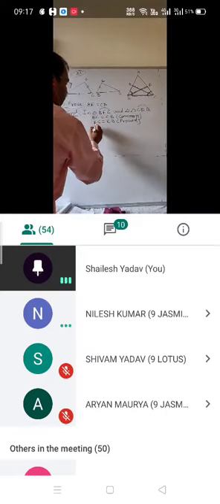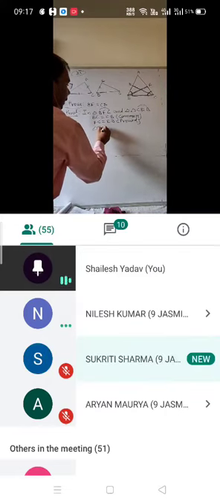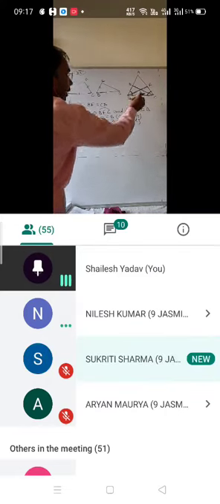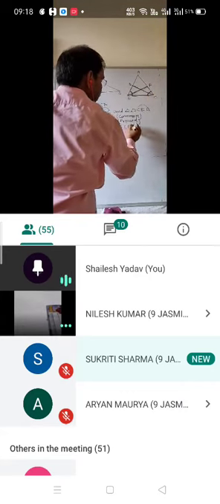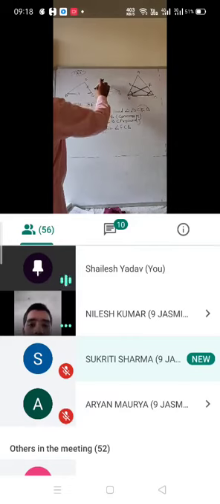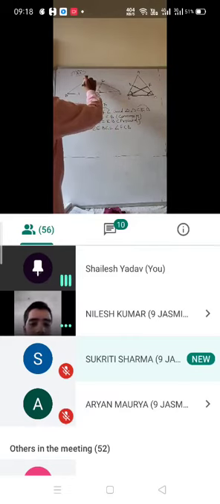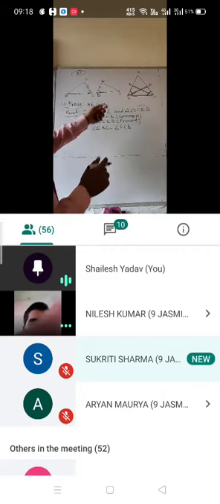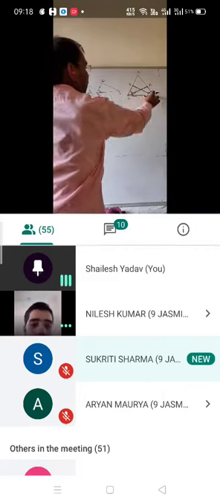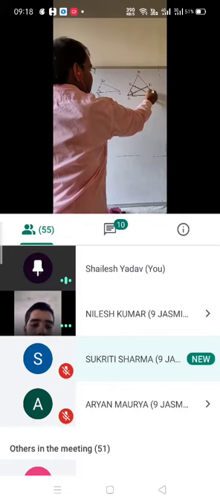So here you can write angle EBC equals angle FCB. Why are these two equal? By the property of the isosceles triangle. So these two angles are equal.